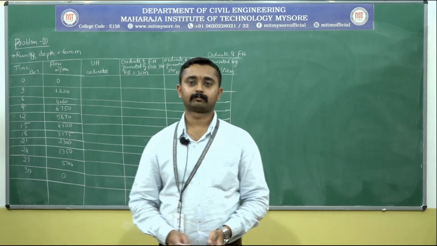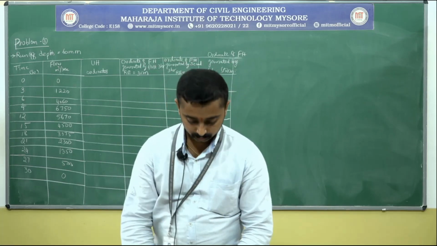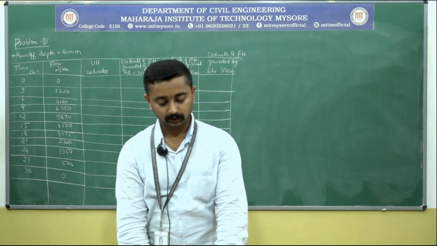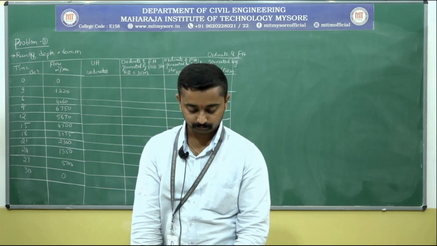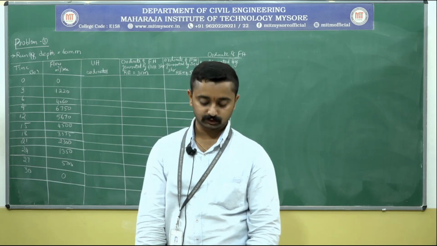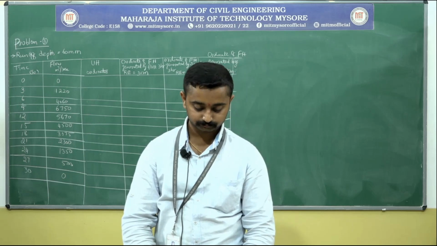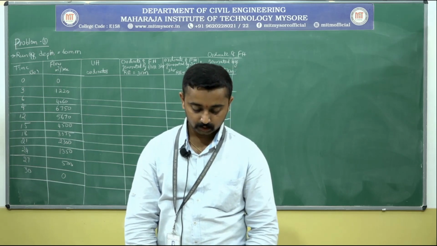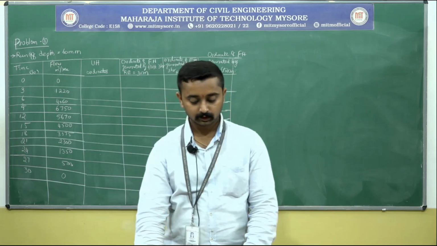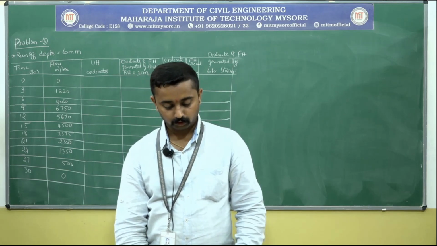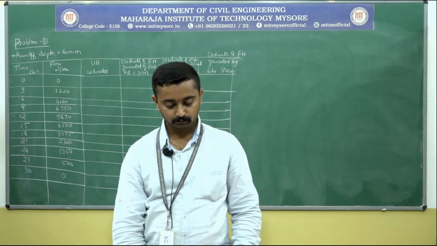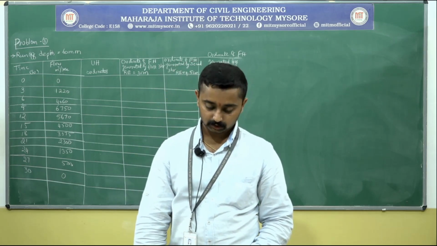Yes, take down next problem. Okay, take down next problem. In a typical 3-hour storm producing 60 mm runoff from a basin and its flow ordinates are as follows.